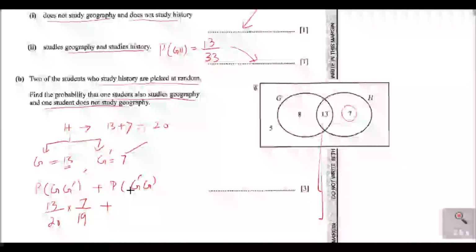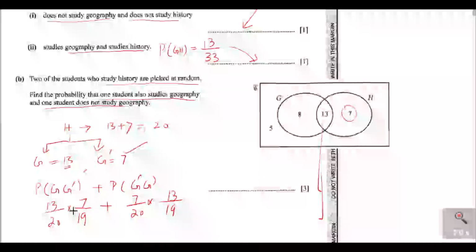Next, we will select a student who does not study geography, but studies history. These are 7 out of 20. The probability of a student who studies geography as well as history, these are 13 students out of 19 because one student is already picked.